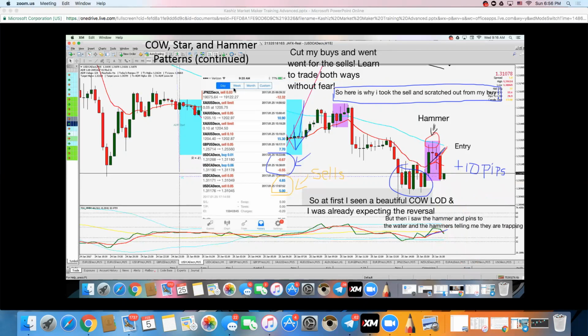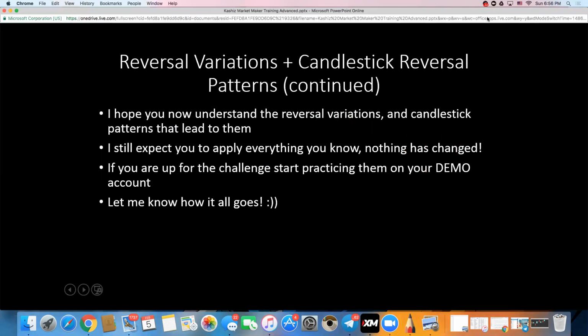We're almost there, guys. So I hope you now understand the reversal variations and candlestick patterns, and why they happen. So aggressive moves, they come and trap, right?